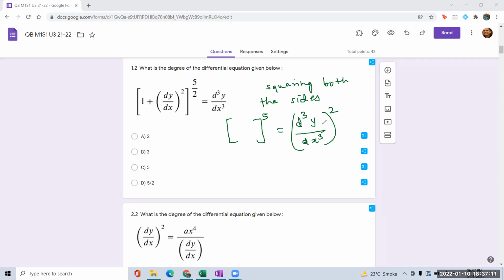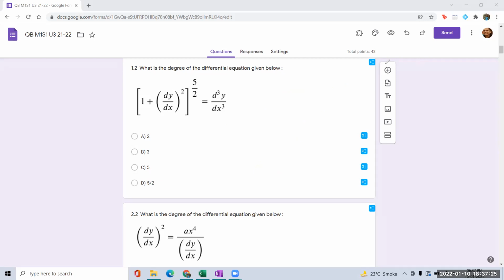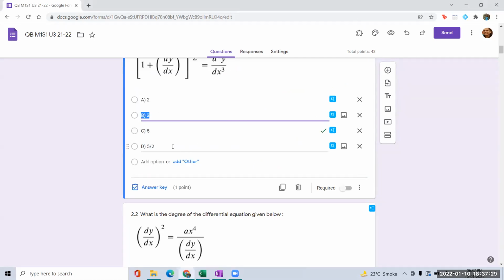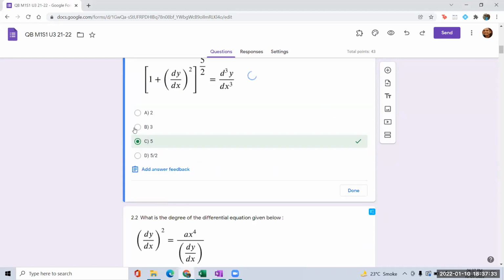So the degree, that is the power of the highest order derivative, is 2, and therefore here the degree is 2. Let me check. The degree is 2. This is the correct answer.